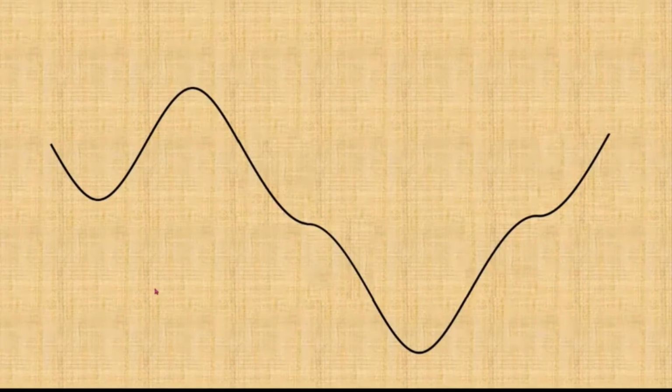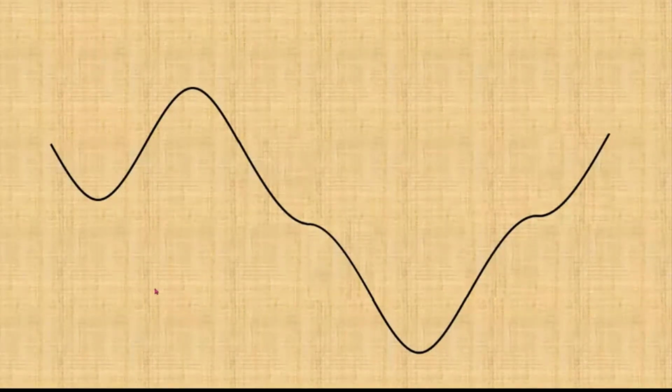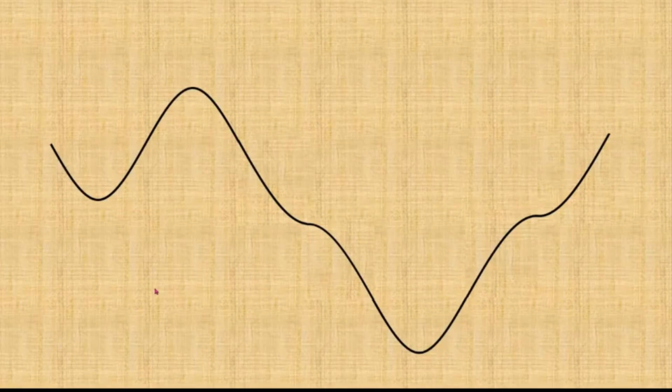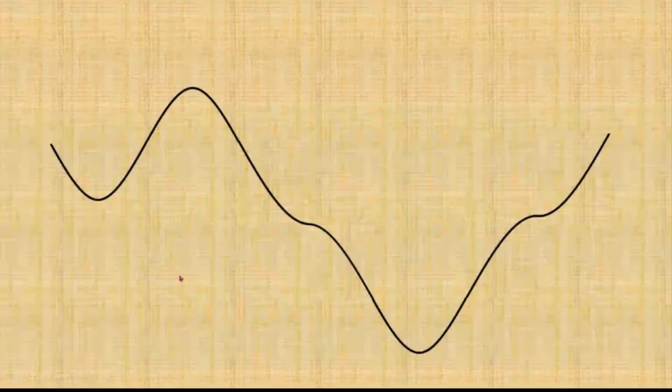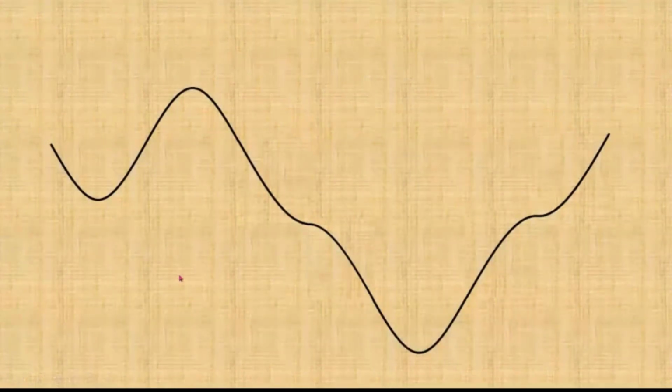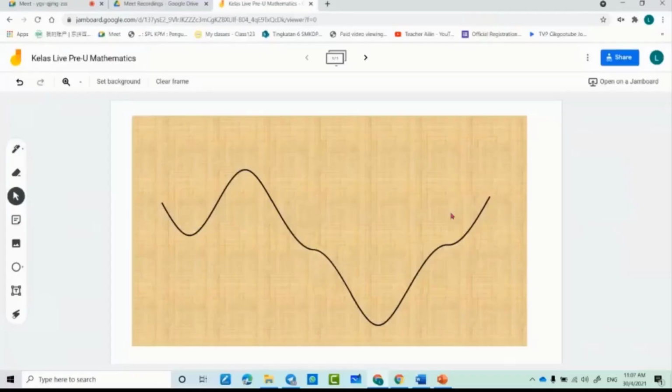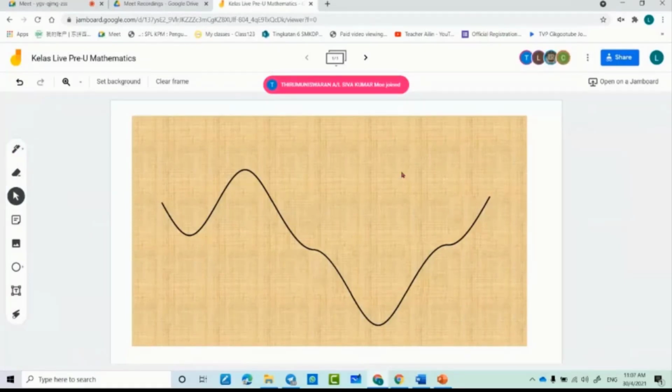Include 5. 7. Don't just guess. How many inflection points? 6. 7, 8, 9, 10. Okay, you take the pen and point out where the inflection points are.